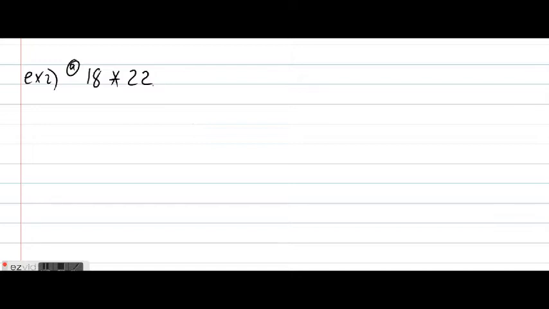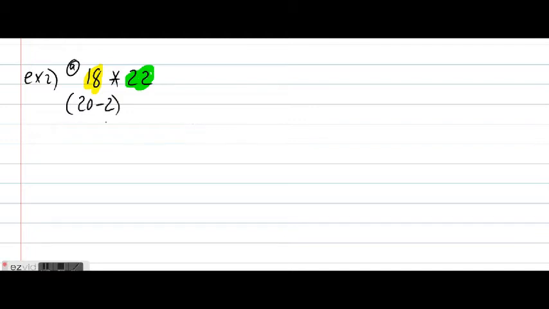But if you look at this thing, 18 is two numbers smaller than 20, and 22 is two numbers bigger than 20. Well, if we think about this, I have 20 minus 2.